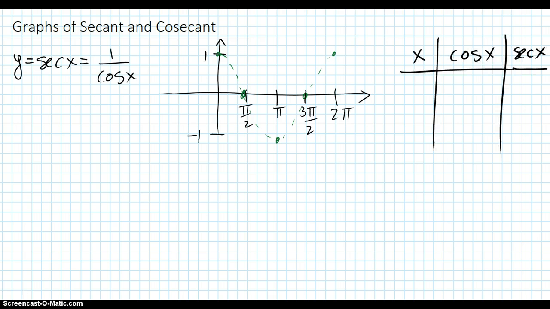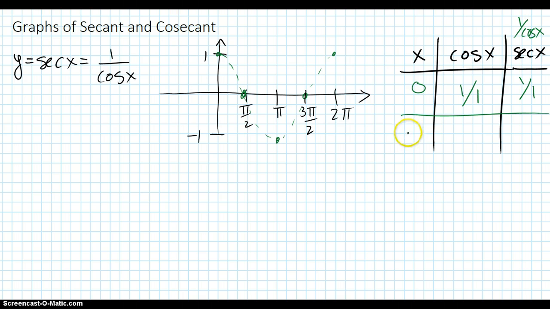Now, if I started plotting points, which is not how they really teach you to graph it in this section, but if I plot 0, we know cosine of 0 is right here, is 1. Secant is just 1 over cosine. That equals secant, so that would be 1 as well, because 1 over 1 is 1.